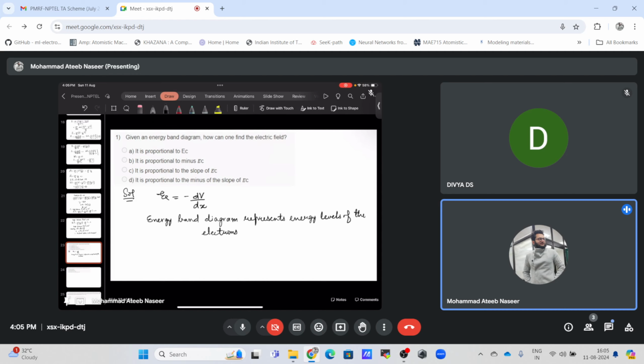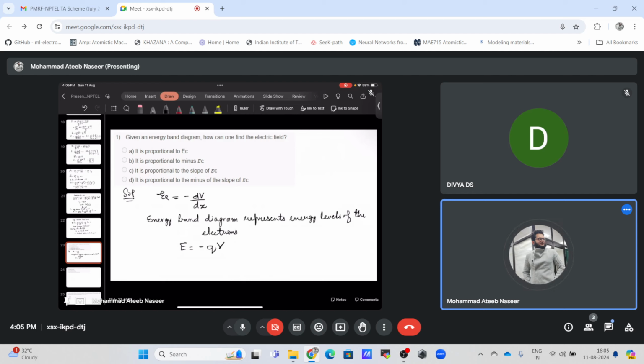So for an electron, if we relate this energy with the potential, it is simply minus q times V. This is the relation between the energy and the potential.